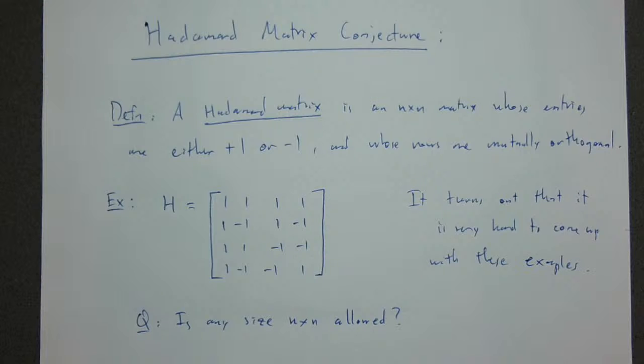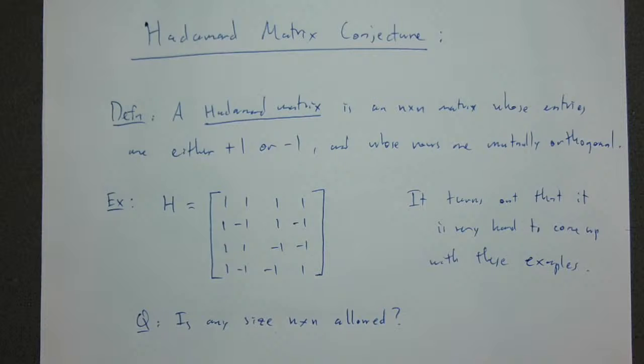So 5 by 5s are not going to exist. 3 by 3s are not going to exist. Why? Yeah, that's an issue. So odd by odd is an issue. The only example is a 1 by 1, which is vacuously a Hadamard matrix, just the entry 1. It is mutually orthogonal because there's no other row to dot it with. But that's not very interesting.